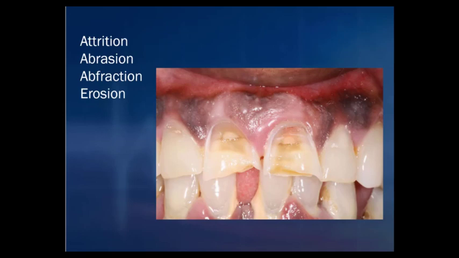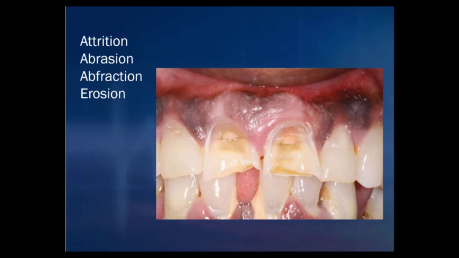The treatment for erosion would include preventing further damage by eliminating the source of the erosion. With patients who are bulimic, it's much more difficult because the underlying cause is psychological, so the patient's unlikely to admit that they're self-inducing vomiting.